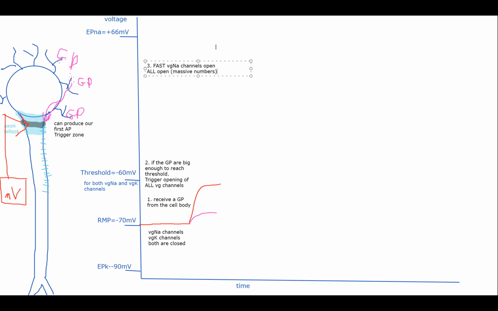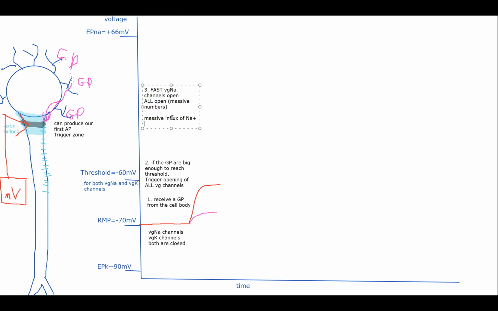So we get the massive opening of a massive amount of voltage-gated sodium channels. Massive amount of them open really, really quickly. And so the immediate effect of that is we get a massive influx of sodium. A massive amount of sodium enters into the cell.